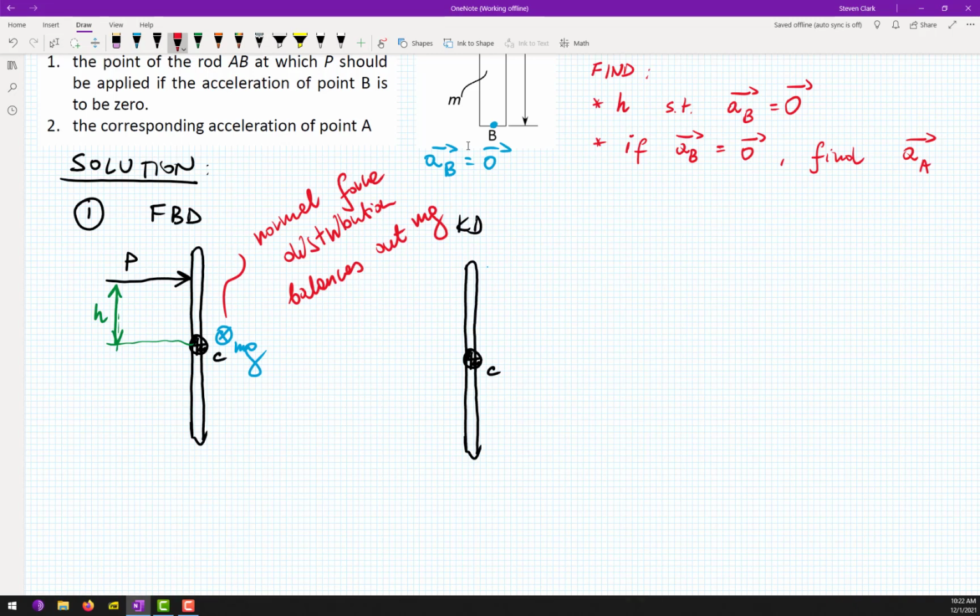So now we can write m a_Cx, m a_Cy, and also I_C alpha body. Great. Next step, equations of motion. Unless you have questions, guys.